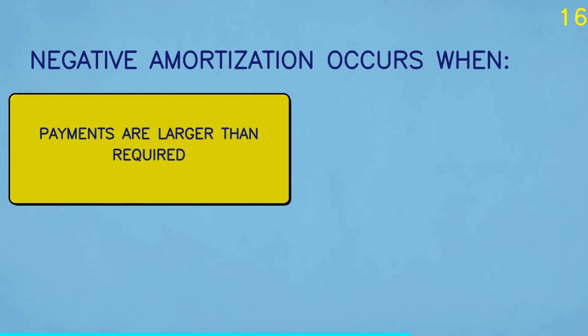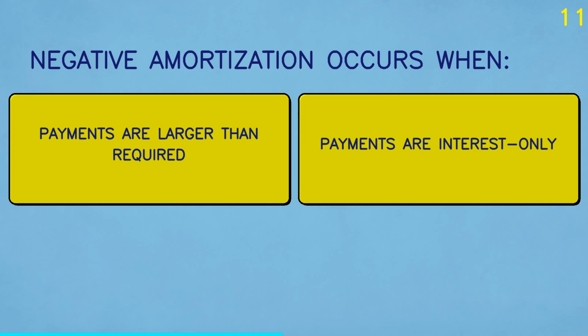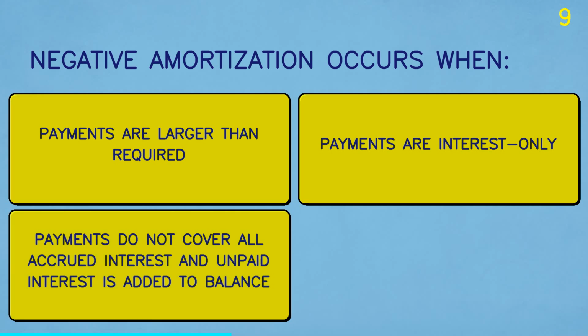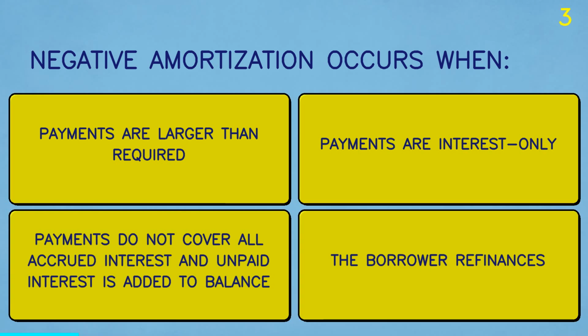Question 9. Negative amortization occurs when: A. Payments are larger than required. B. Payments are interest only. C. Payments do not cover all accrued interest and unpaid interest is added to balance. D. The borrower refinances.